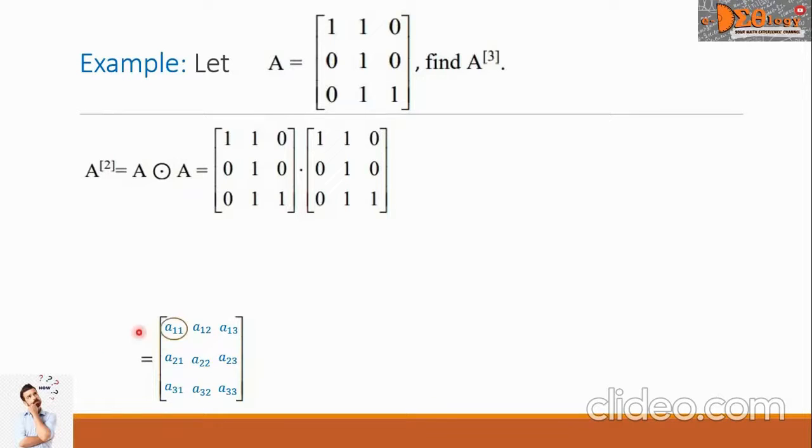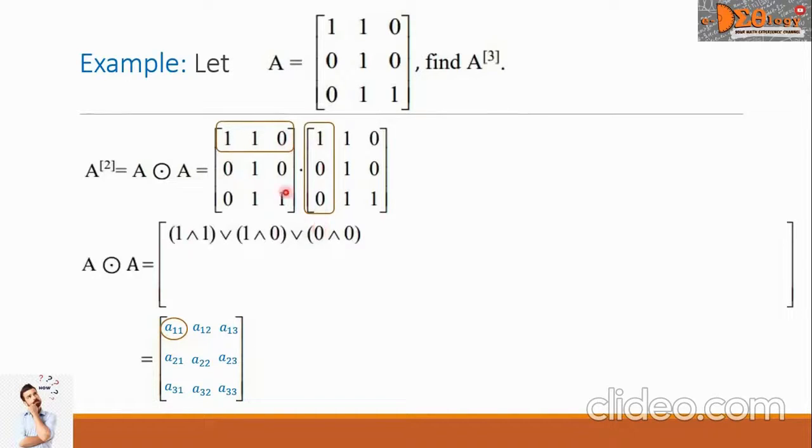Let's begin now with finding the first element, A sub 1, 1. We multiply the first row of this matrix and the first column of this matrix. So we write 1 and 1, or 1 and 0, or 0 and 0. Take note here that we have 3 pairs of AND operations connected by OR.